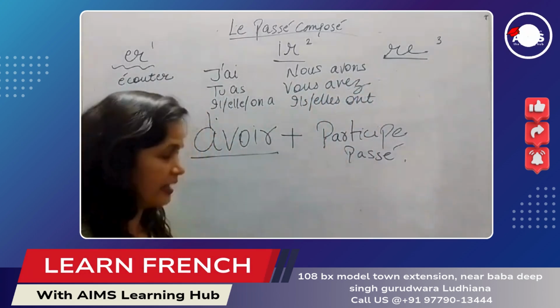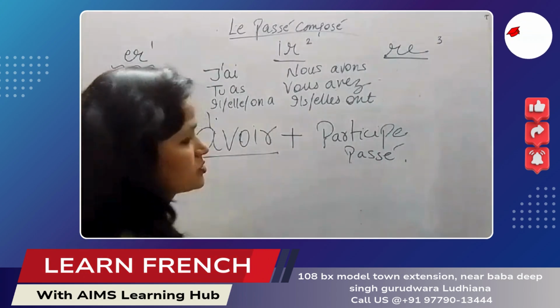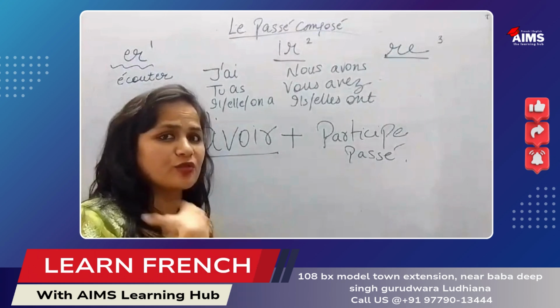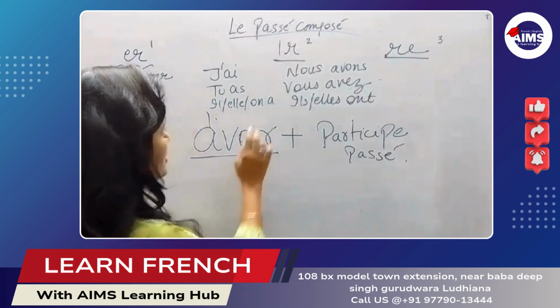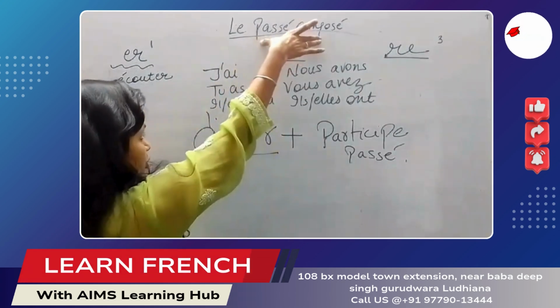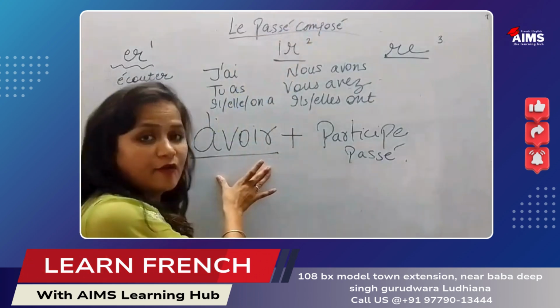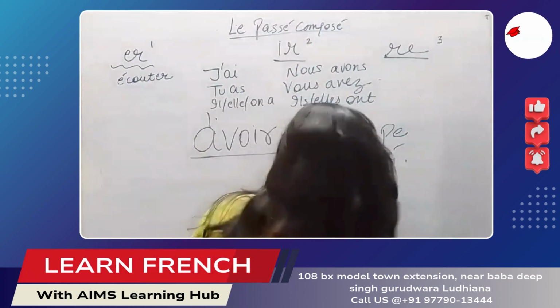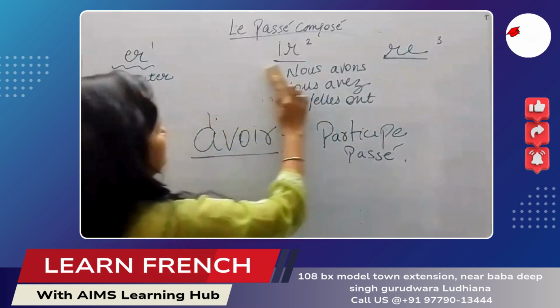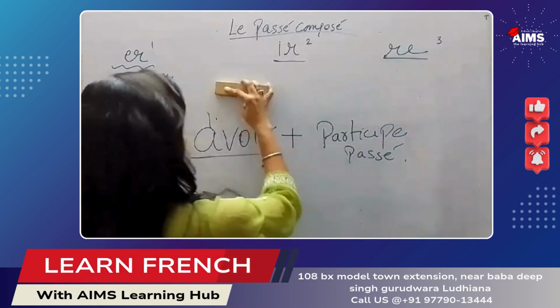J'ai, tu as, il a, elle a, on a, nous avons, vous avez, ils ont, elles ont. C'est la conjugation du verbe avoir. Okay? Now, in passé composé structure, we will use the avoir verb. This is clear?